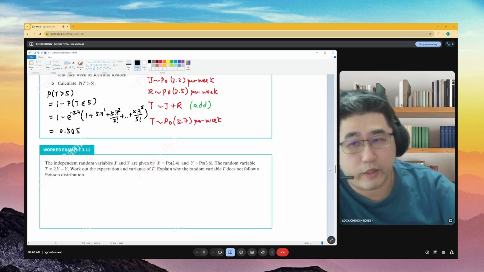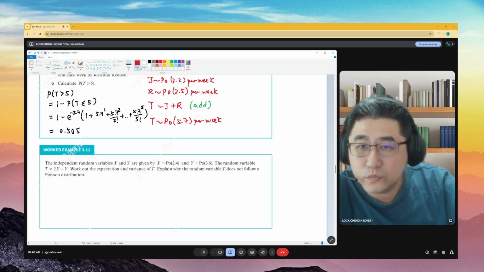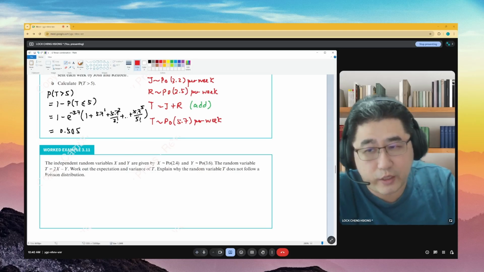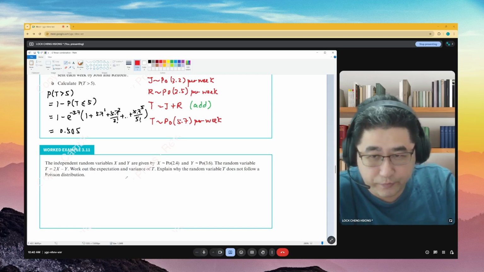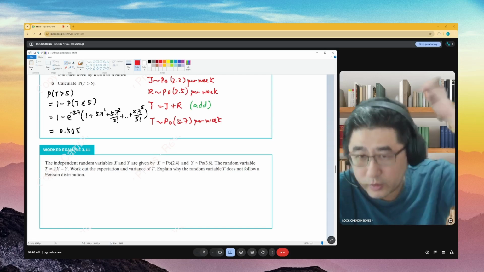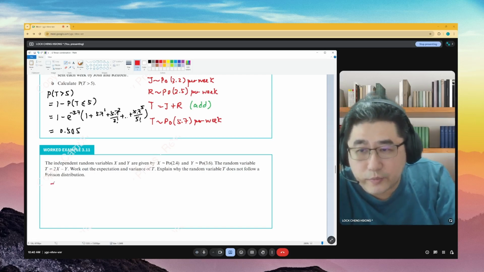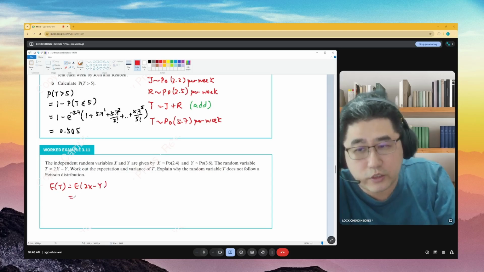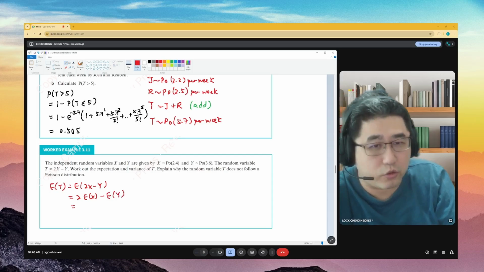Now we have another example. X and Y are also Poisson, but I have 2X minus Y. The expected value of T equals the expected value of 2X minus Y. That gives you 2 times expected of X minus expected of Y, according to the rule.